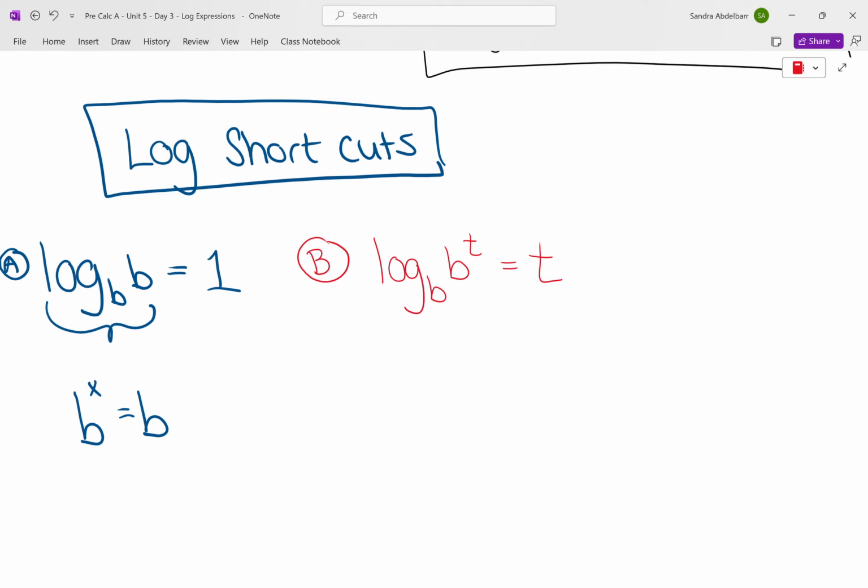So anytime you have log base b, so basically when your base and your argument are the same, it will simplify to the exponent on that argument. So let's see why. If I have b to the x is equal to b to the t, because they have the same base, won't their exponents be equal? So x will equal t. So log base b of b to the t will always be that exponent t.